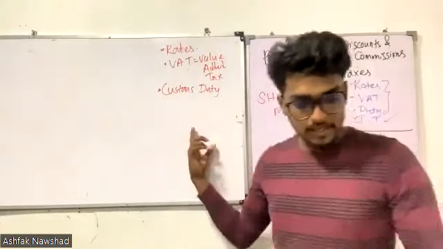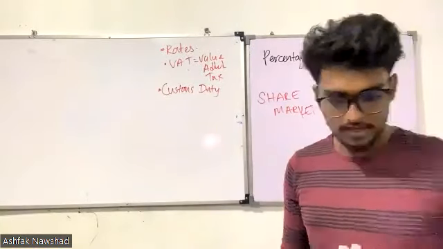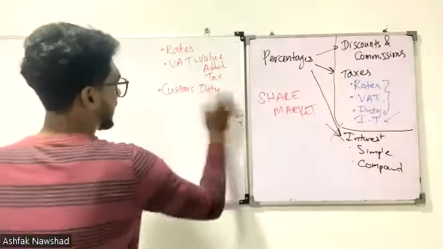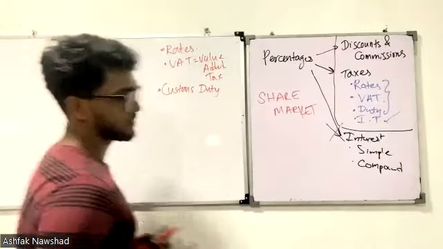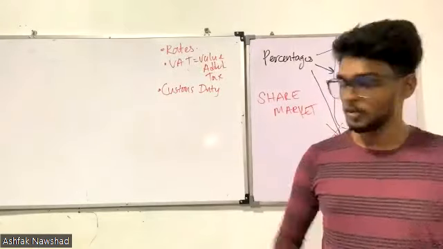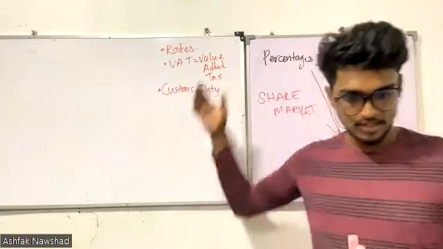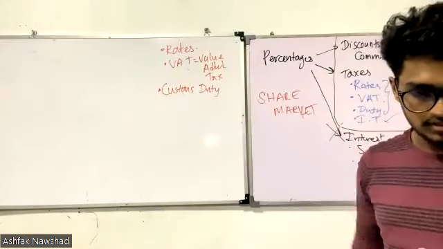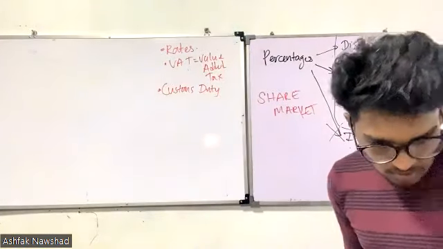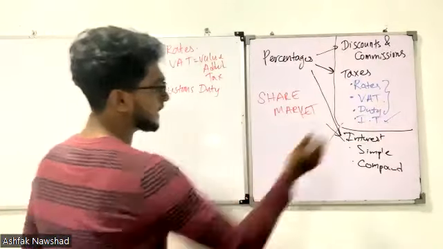So in the customs, like airport customs, they charge a tax called customs duty for importing and exporting. Is it clear? These are not asked as theory, so I'm just telling what they are. And then income tax.